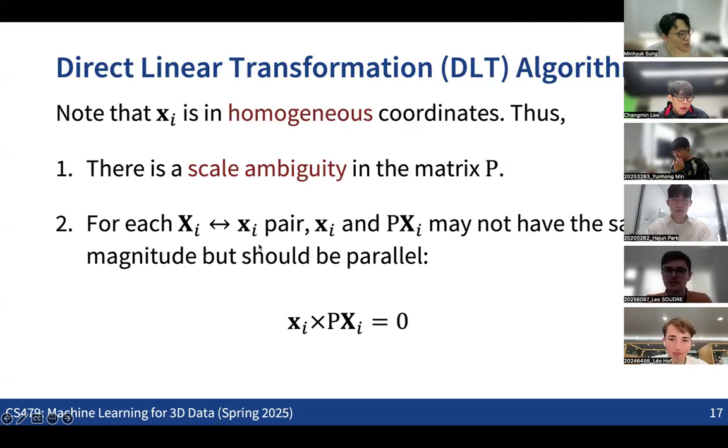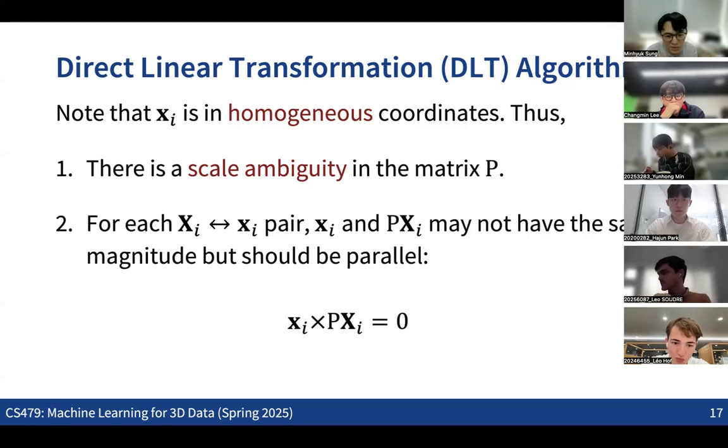what we can say is that there's a scale ambiguity for the camera matrix P. Because whatever non-zero scalar we multiply into the matrix P, it does not change the correspondence, right? Everything is now represented with homogeneous coordinates.